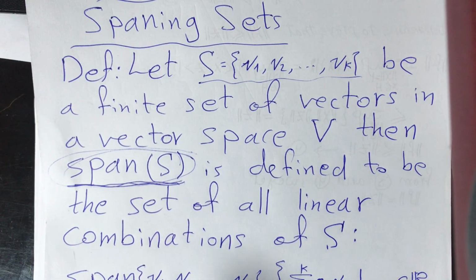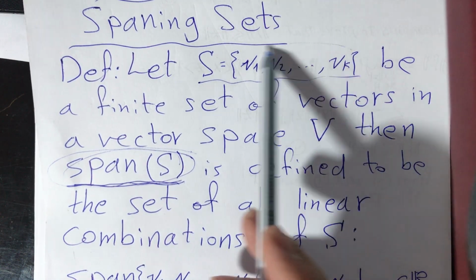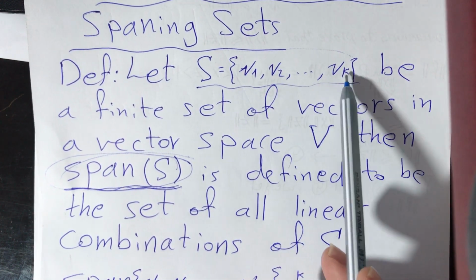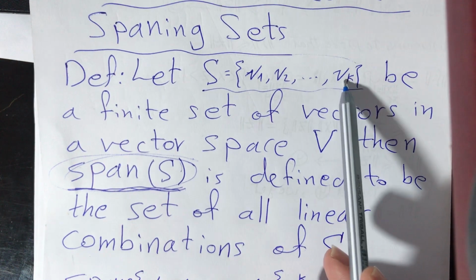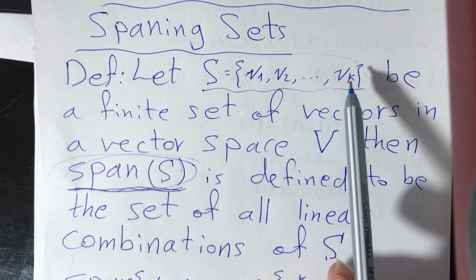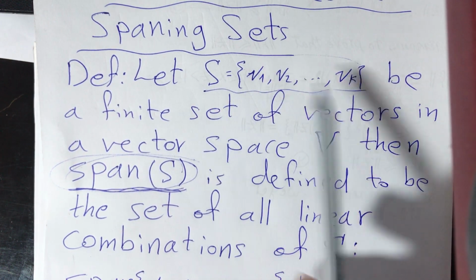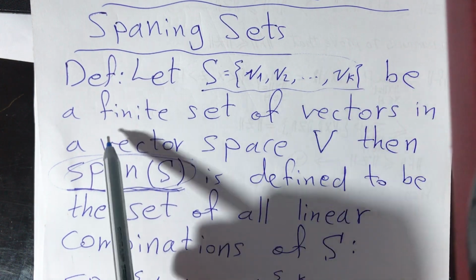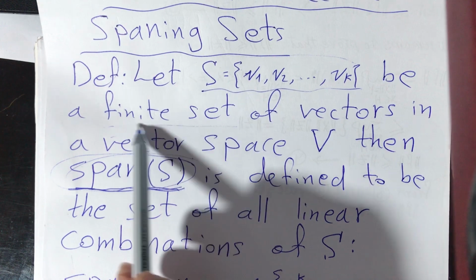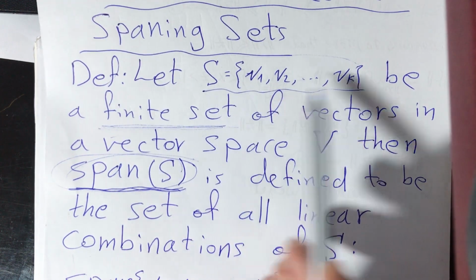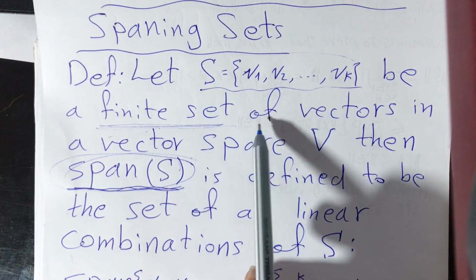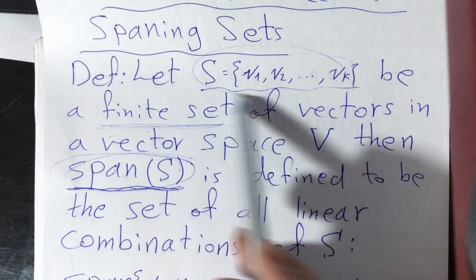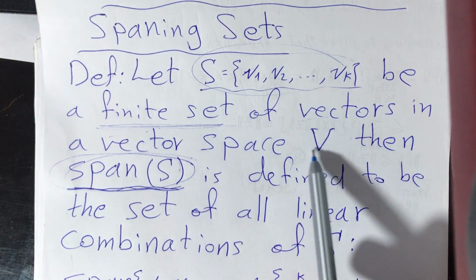Look, S is a set of finite vectors V1, V2, this is finite until k. K may be 2, maybe 1, maybe 10, maybe 100. It has to be a finite set of vectors in a vector space V. This is a vector space and this finite set is a subset of it.